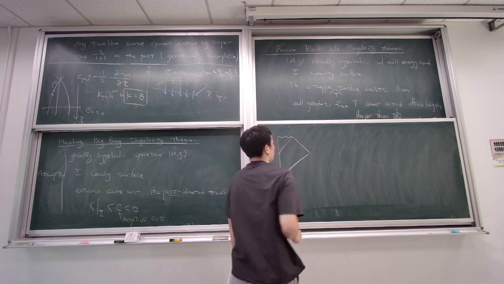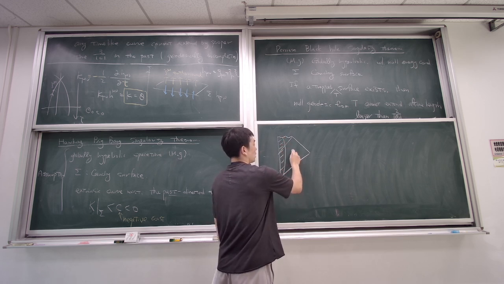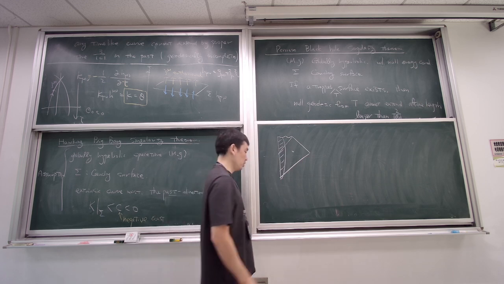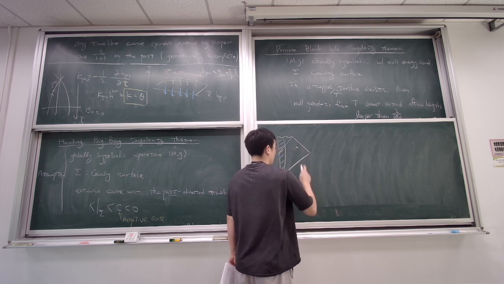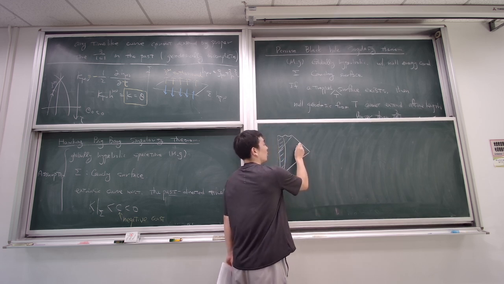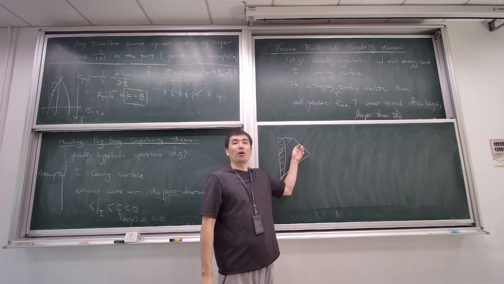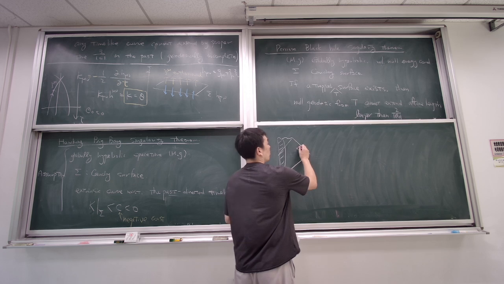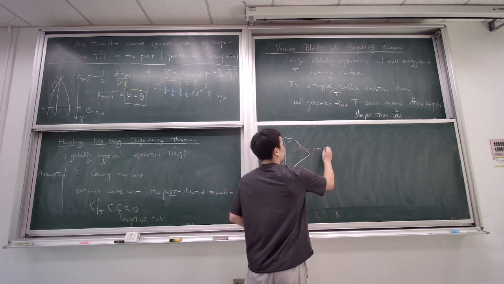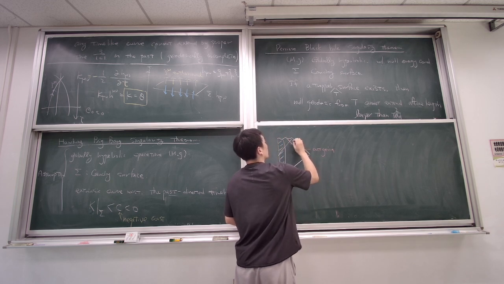In the case of Schwarzschild, let's consider an example. Let's consider around here. Every point here is a sphere, S2, because we projected the point. This is the outgoing null geodesic, and this is the ingoing one.